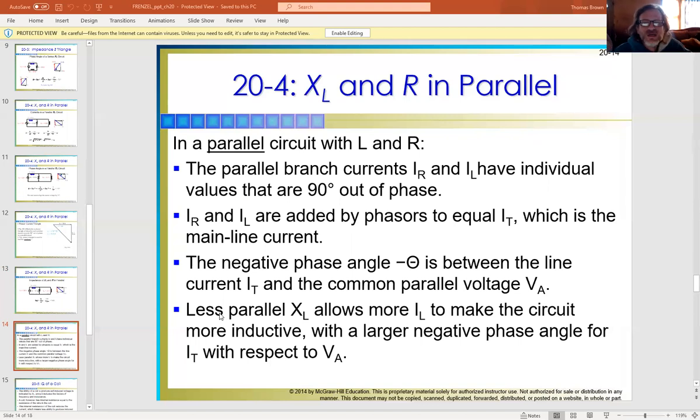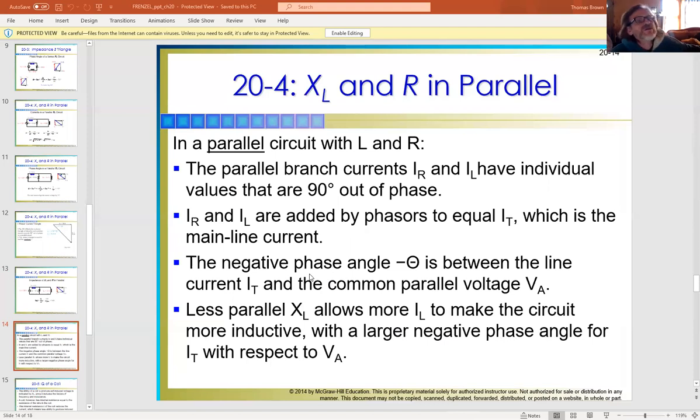So when we look at that, we say less parallel inductive reactance allows more inductive current to make the circuit more inductive, which basically, which way is our phasor angle going, right? What's the magnitude of it all together? And we would have a larger negative phase angle for the current with respect to the voltage in this case.